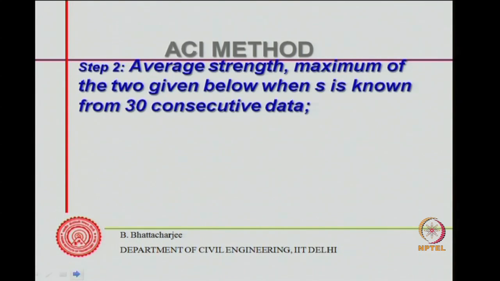So, average strength, if you do not know the standard deviation, but when you know the standard deviation from 30 consecutive data, or you know it from 2 sets of 15 consecutive data, so that you can find it out as under root of S1 square plus S2 square.